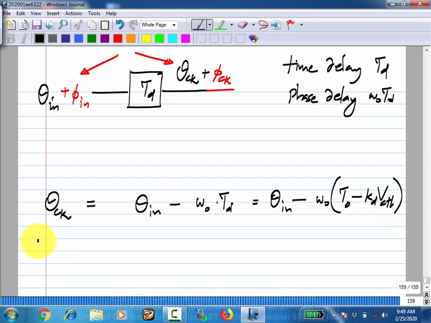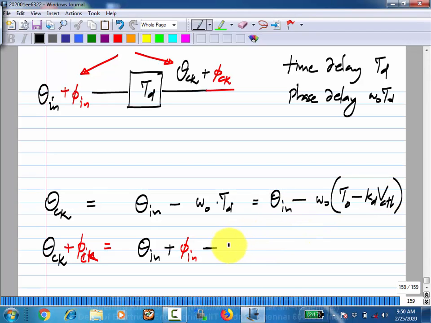Now if I add the increment to that, what happens? It is again the same thing. I have this is theta Ck, this is phi n, and now this will be this minus again omega naught Td, right?